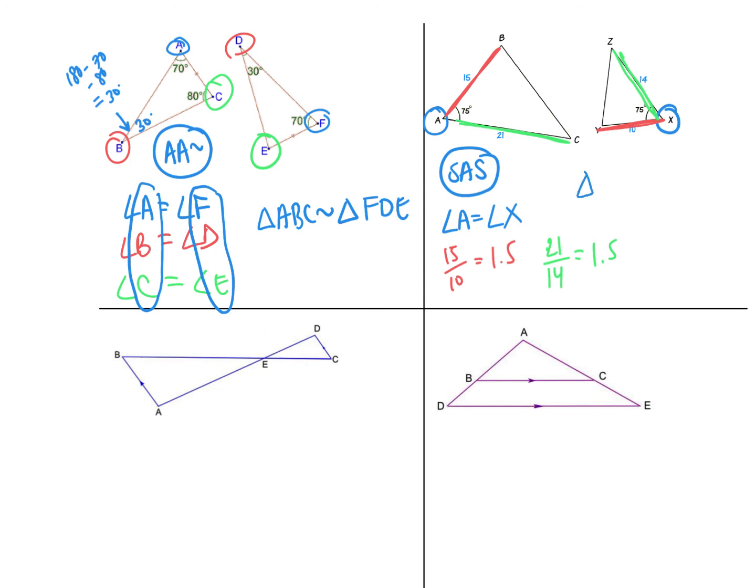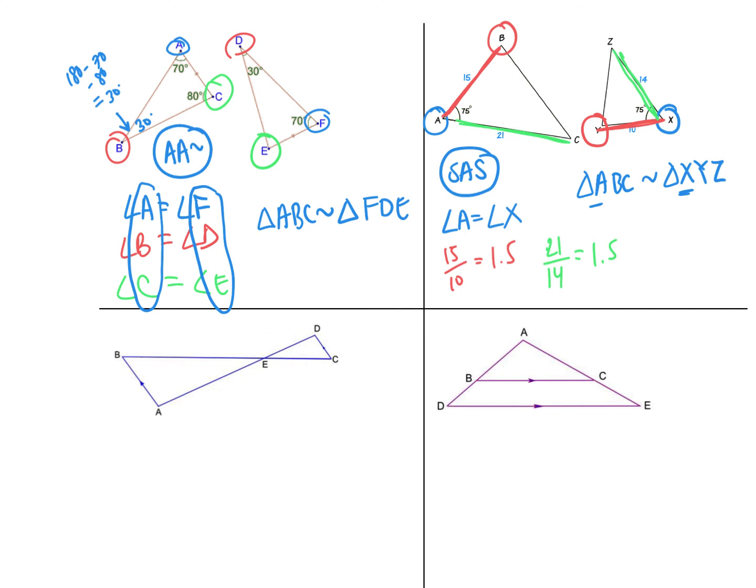Okay, triangle ABC. We know A matches X, so I'll make sure A and X go together. Now B is going to match the other angle that makes up the red pair, so that's Y. And then Z would go at the end.